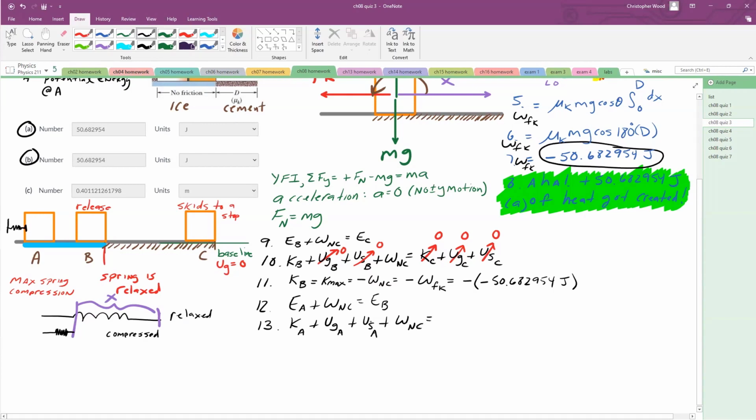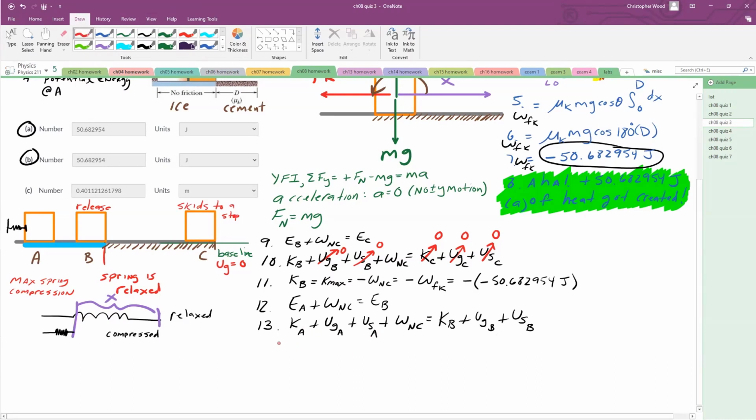And then at energy state B, I have to worry about kinetic energy, gravitational potential energy, and spring or elastic potential energy. Let's go after some low-hanging fruit.